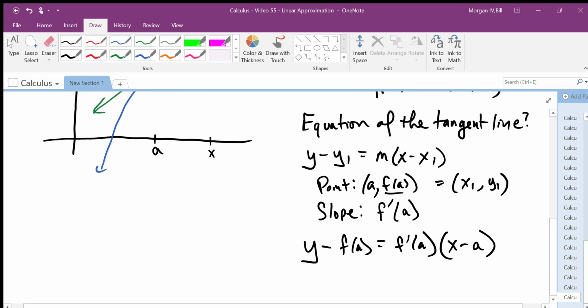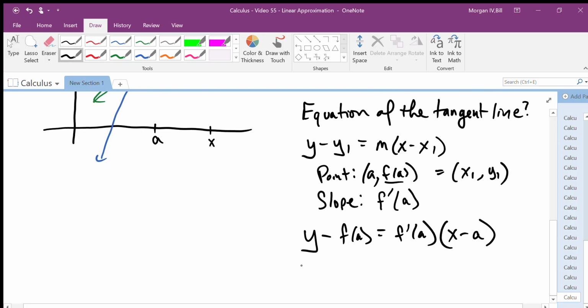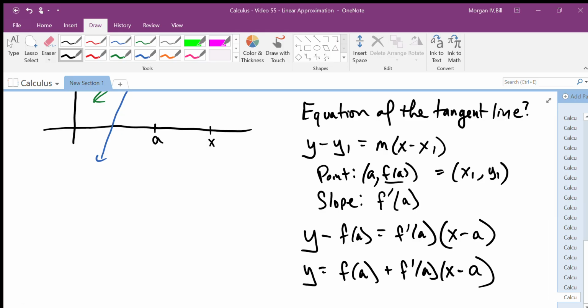Okay. Let's go ahead and solve for y. Solving for y, we get y equals f of a, adding f of a to both sides, plus f prime of a times x minus a. And this would be the equation of the tangent line at a, f of a.